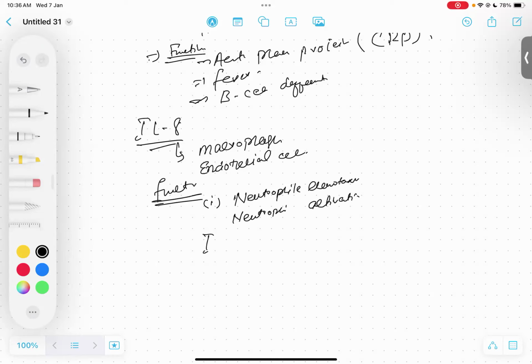Remember, interleukin 8 will cause neutrophil migration.